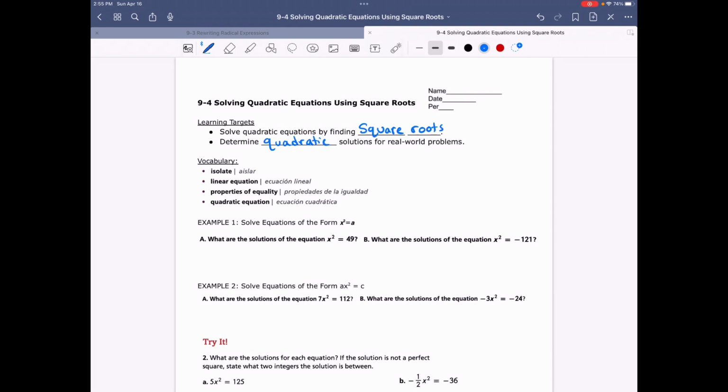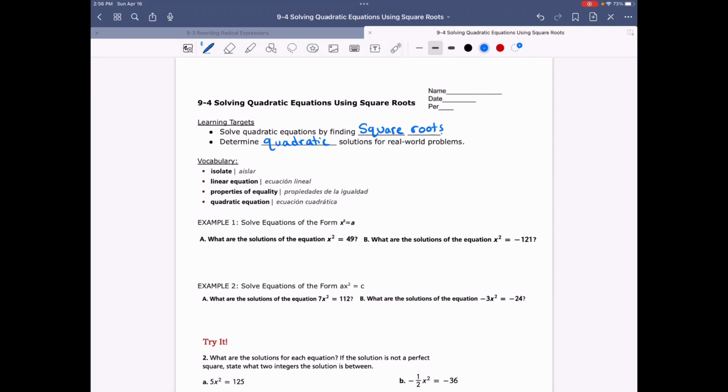Our vocabulary is isolate (aislar), linear equation (ecuación lineal), properties of equality (propiedades de la igualdad), quadratic equation (ecuación cuadrática).